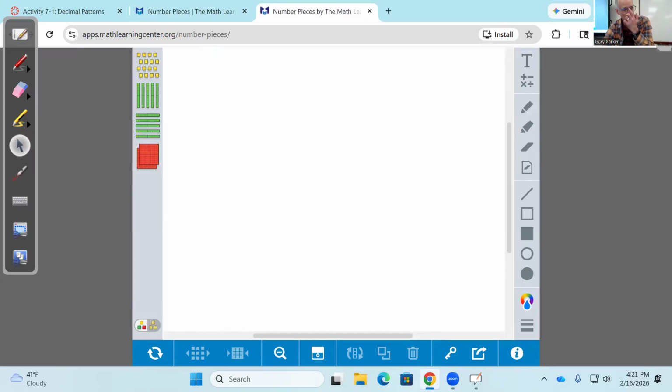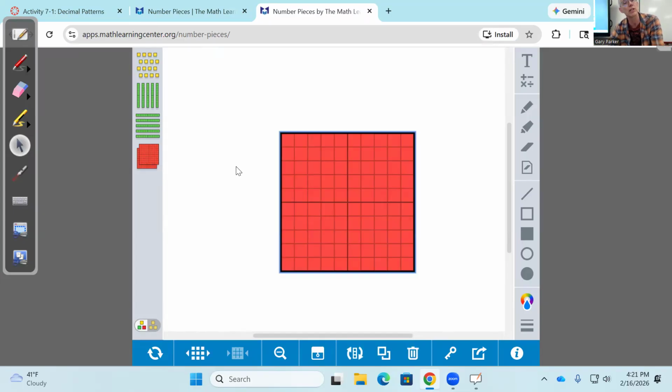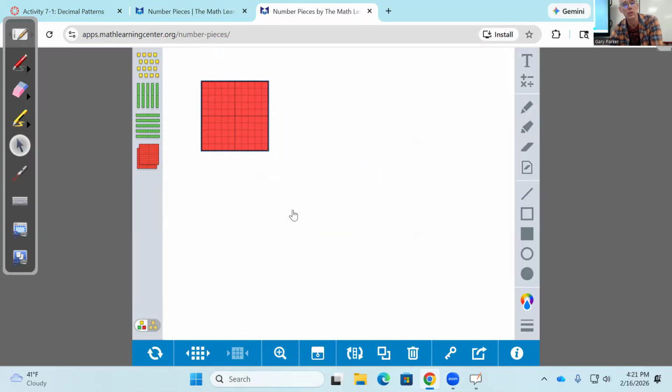So I have color-coded ones. Let's say we got to decide what one whole is going to be. So if I wanted to visualize 1 and 3300ths, I could say that this red unit here is one whole. Label that as such.